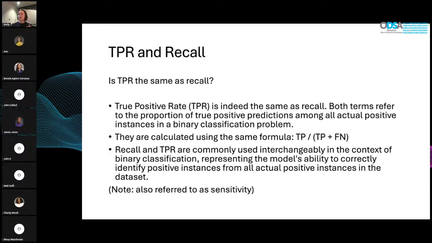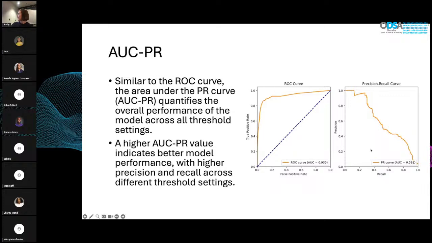So TPR, the true positive rate, and recall. Is the true positive rate the same thing as recall? Yes, the true positive rate and recall are the same thing. I just don't want any confusion here. So if we look at this graph and we have recall and we have the true positive rate, notice they're on different axes. On this one, the true positive rate is on the y-axis. On this one, the true positive rate is on the x-axis. So they're in different locations, but they are a measurement of the same thing.